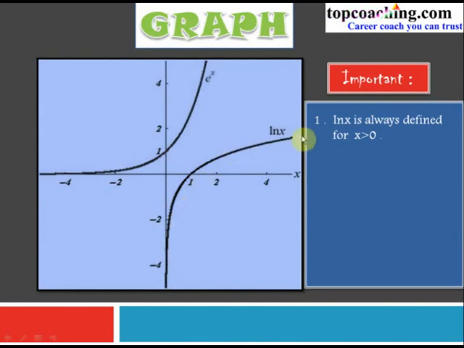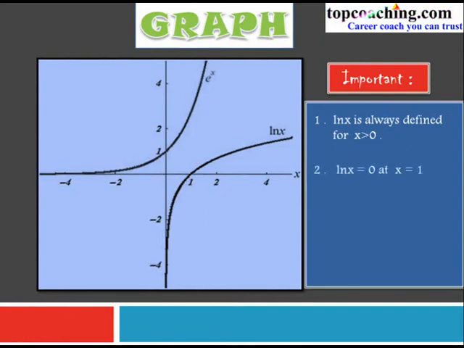So this graph entirely lies on the right hand side of 0. It is also not defined at x equal to 0. So for values of x which are greater than 0, ln x is always defined, and for values less than or equal to 0, ln x is not defined.